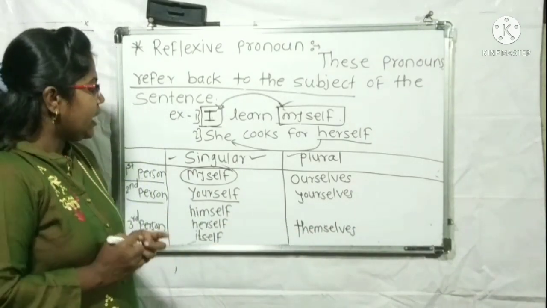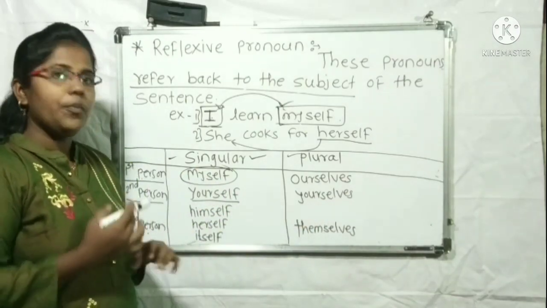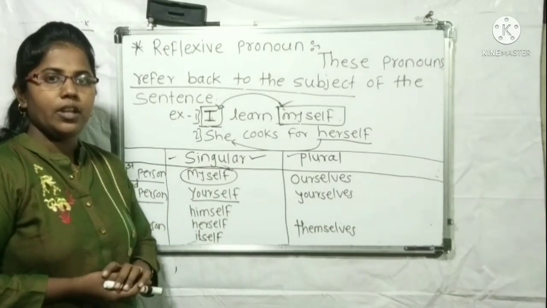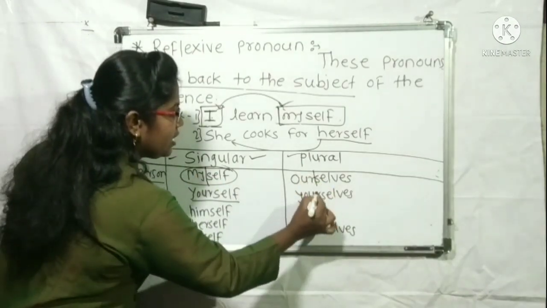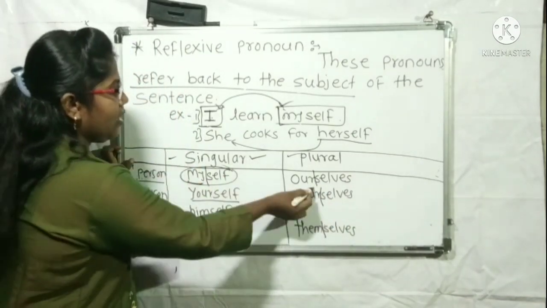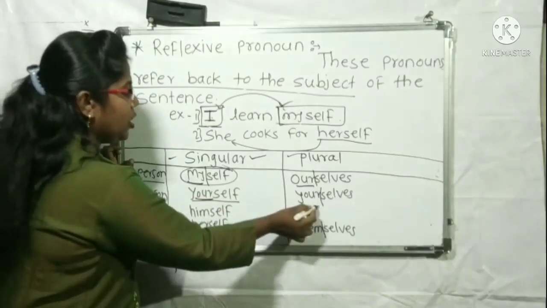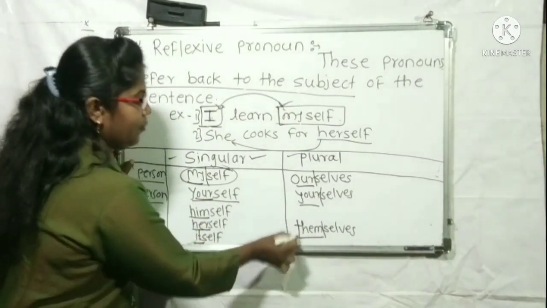Now what you have to do here is observe these pronouns and try to find some tricks to remember them. If you remove self and selves, what is there? My, our, your, him, her, it and them.